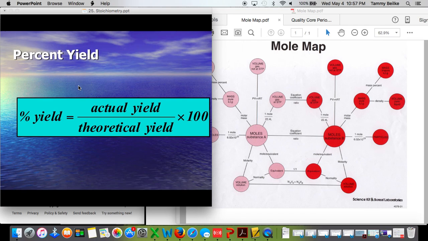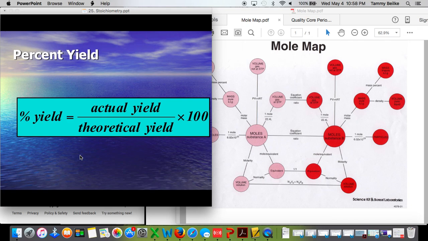You had a starting mass of copper and an ending mass of copper, and you were comparing the two. Theoretically, you would have ended up with the same amount of copper that you started with. But you didn't necessarily end up with that mass, right? So you had an actual mass divided by the initial mass, or the theoretical mass, times 100, and that gave you percent yield. So we're looking at how well did you get through all of the steps of the reaction, right?